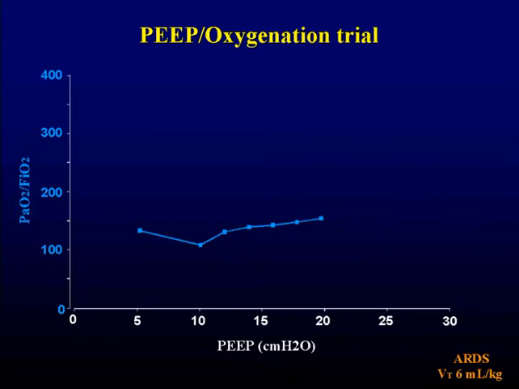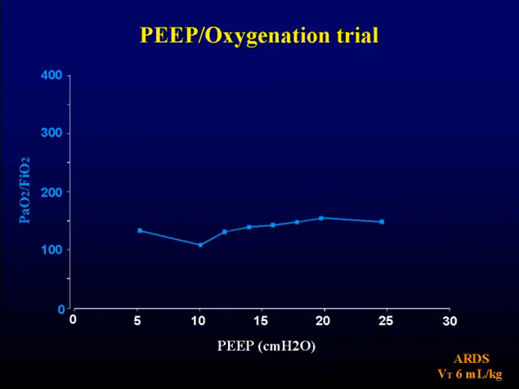Then we make a bigger step because we were not happy about this oxygenation at 5 centimeters of water. The oxygenation decreased a little bit, and then we increased in 2 centimeters of water steps and looked at the oxygenation. Looking at the increase in oxygenation, we probably would be happy at a level of about 14 to 16, and we will set our PEEP level at that level finally.